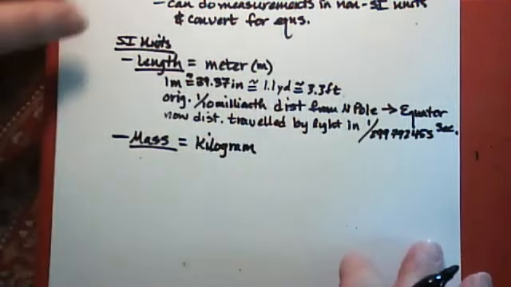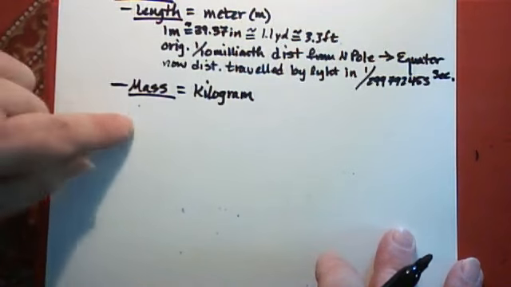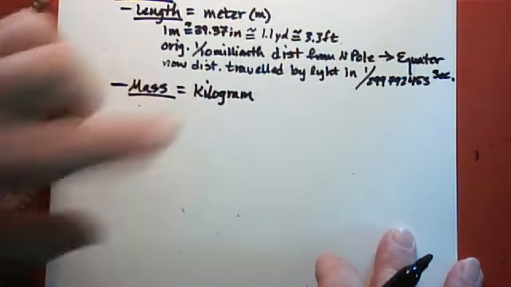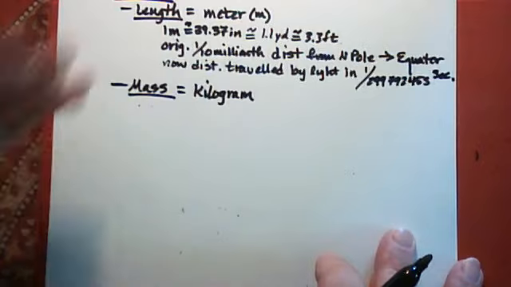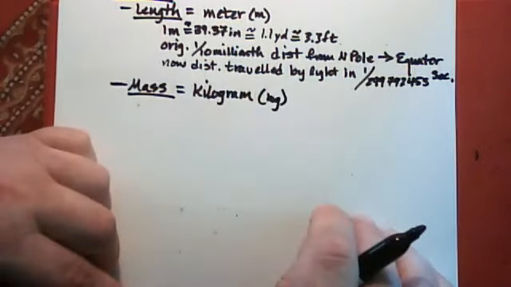Now, the well-known unit that people often think of as a unit for weight in the metric system actually is a unit of mass. And so the standard unit of mass in the metric system is a kilogram, symbol lowercase k, lowercase g.